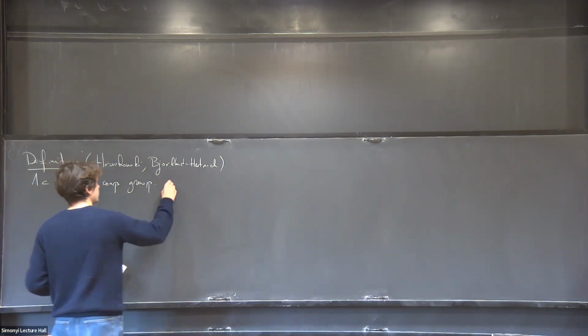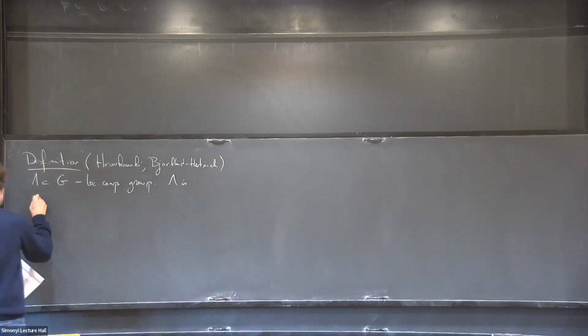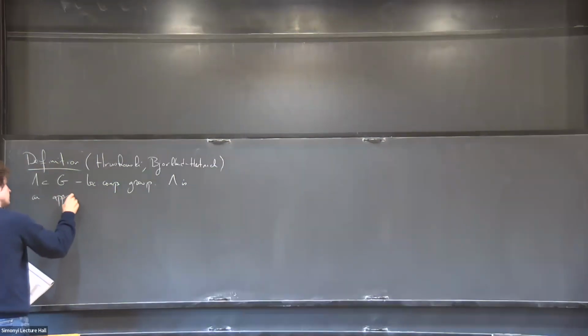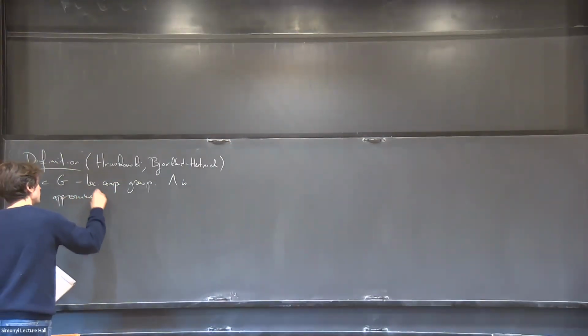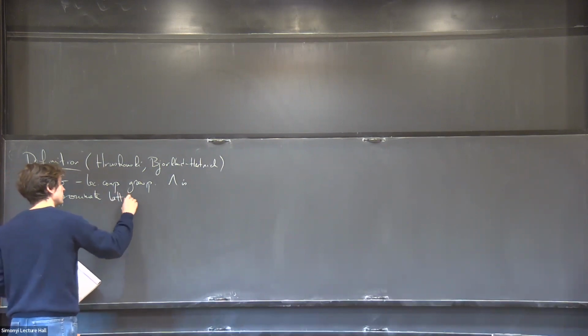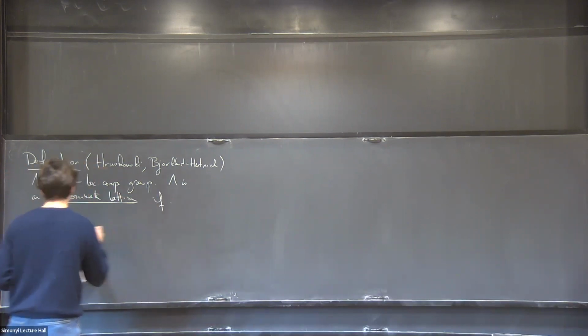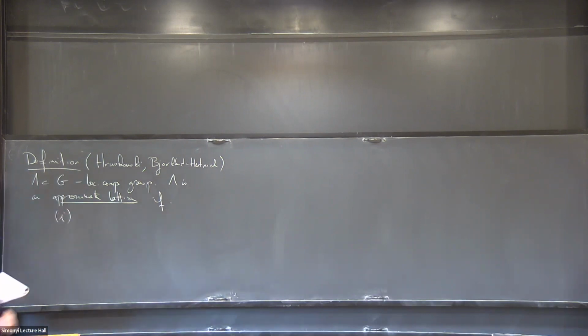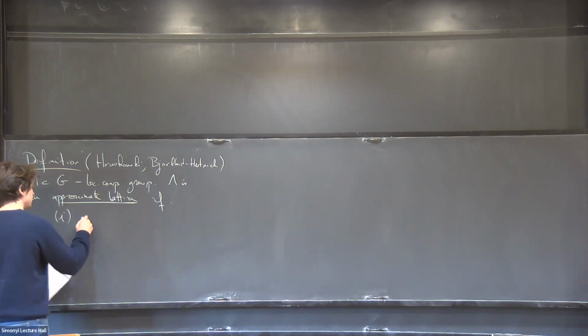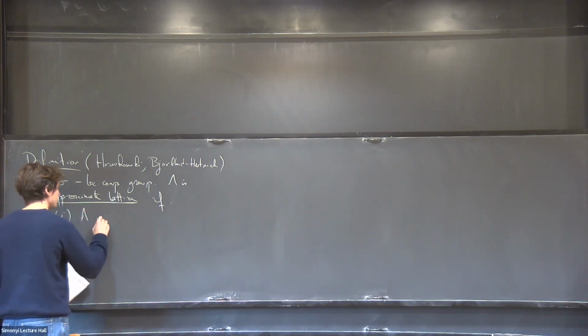Lambda is an approximate lattice if three things happen. The first one, given that I just defined approximate subgroups, is quite obvious: lambda is an approximate subgroup.